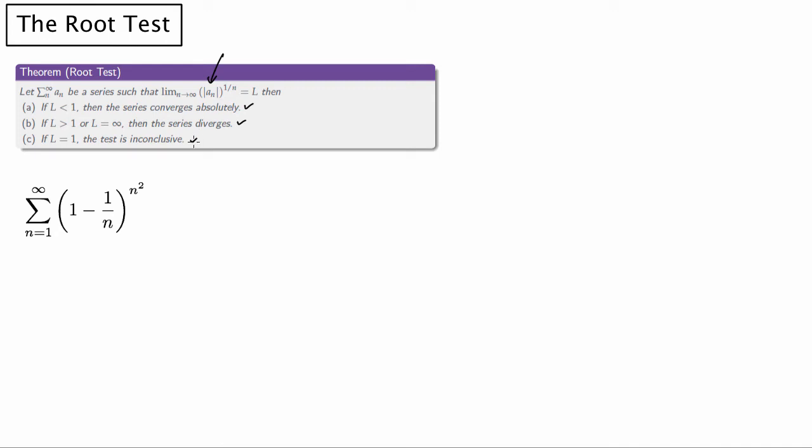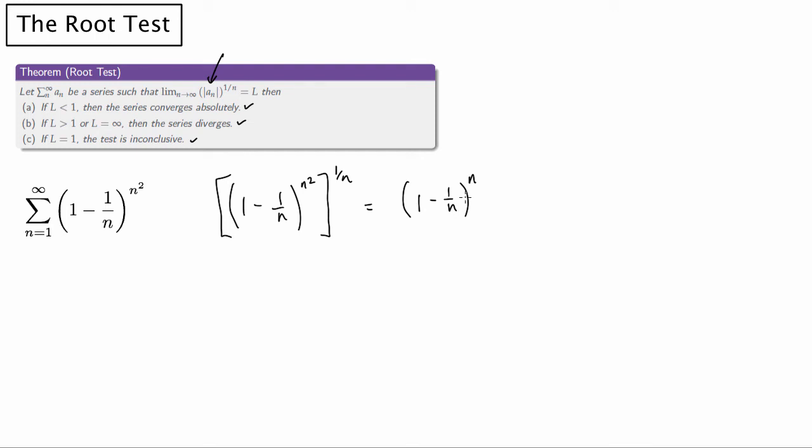And so for this problem, we look at the absolute value of the a_n and then take the nth root. So if I take the nth root of the general term of this sequence, the nth root of this would be that, then that's just 1 minus 1 over n to the n squared times 1 over n is just the nth power.